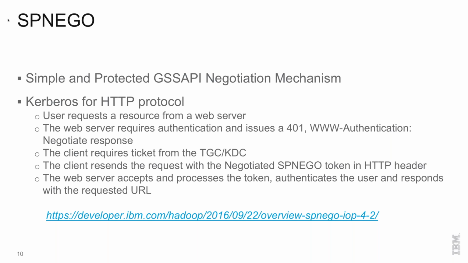So basically, the user first sends a normal URL request to a web server. So basically, a GET HTTP request with a URL, and the web server which supports the SPNEGO protocol will reply with a 401 access denied error code, and with a WWW-Authenticate Negotiate response header.